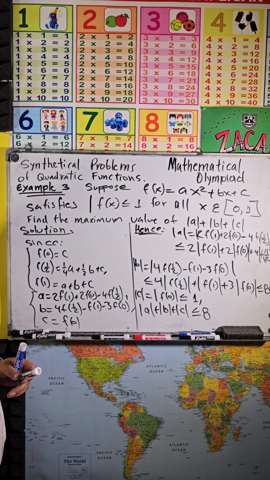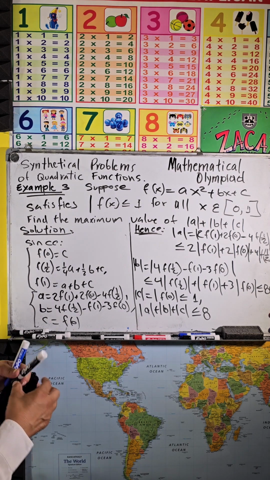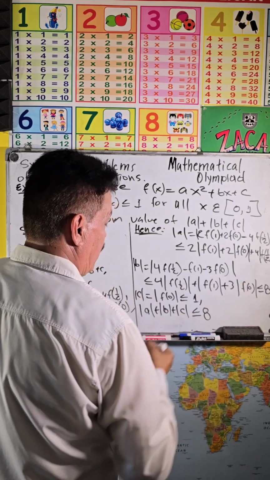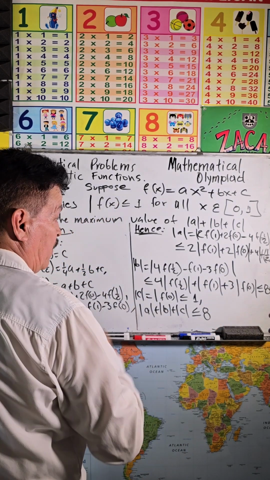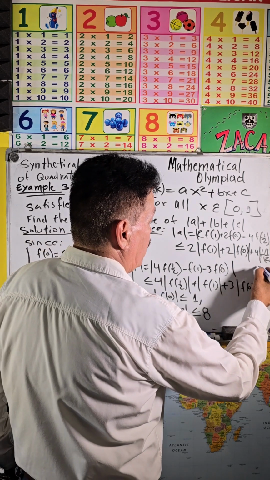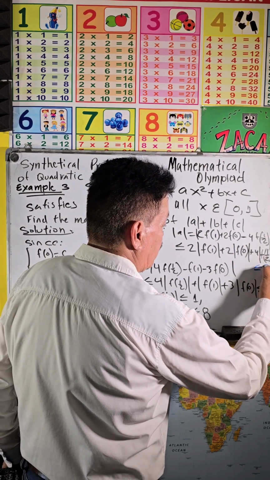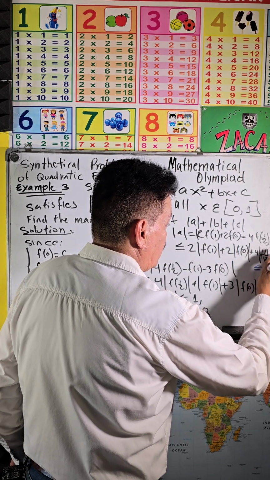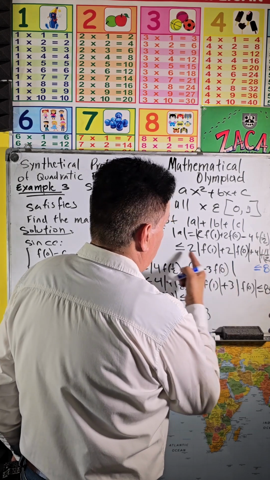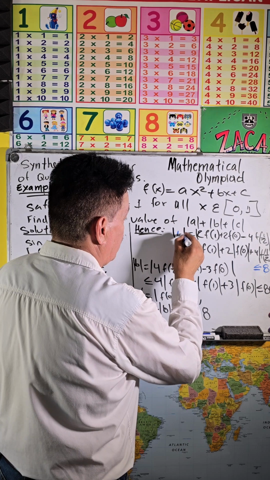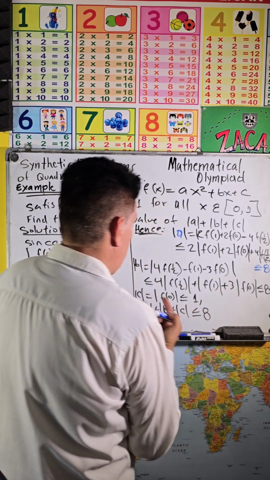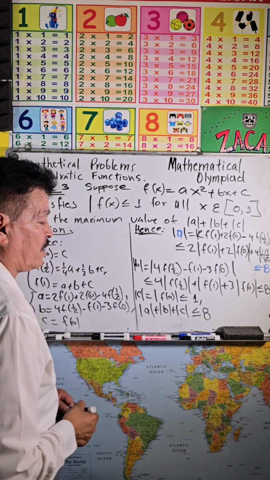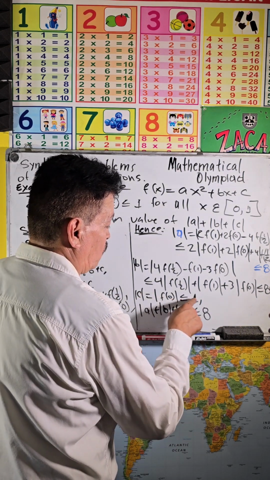In the first step here, I'm missing something. Let me write it with a different color. The first one is less than or equal to 8. This one is A. And B is less than or equal to 8. And C is less than or equal to 1.